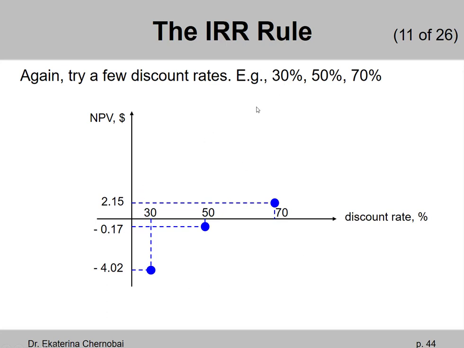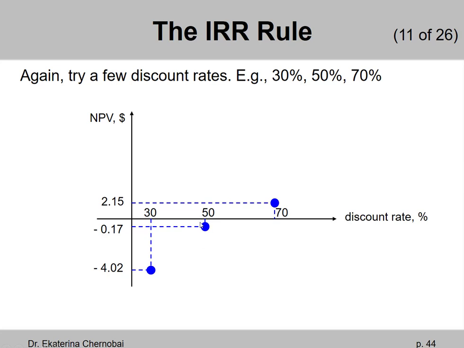So when we try the discount rates of 30%, then 50%, then 70%, and for each compute the net present value using, for example, the cash flow case, you would get the same NPVs as we had before, but with the opposite signs. So at the 30% discount rate, the net present value is negative $4.02.